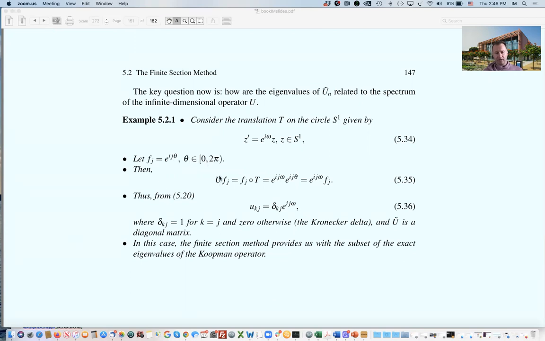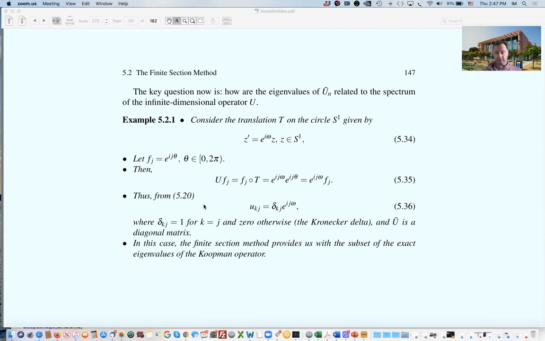Now we apply the Koopman operator U to the basis function fj. That's the composition of fj with T. That composition is e to the ij (omega plus theta), which splits into e to the ij omega times e to the ij theta. That gives us e to the ij omega fj, because we started with fj, which was e to the ij theta.